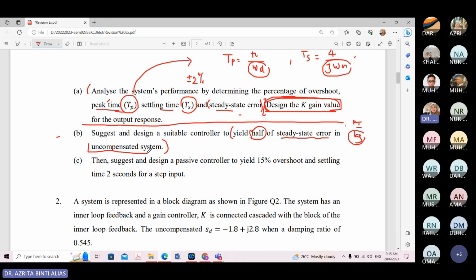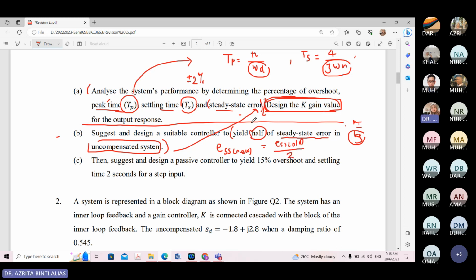The uncompensated system is always referred to the K gain controller, the K gain controller that we already designed in A. So from this statement, the mathematical equation that we can write is here. ESS new, the ESS that we want to design, is equal to ESS old divided by 2.